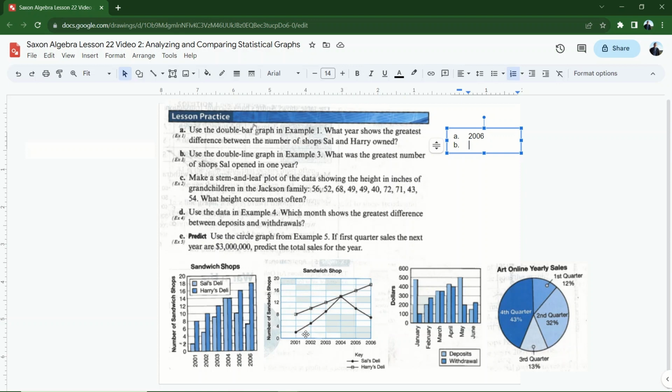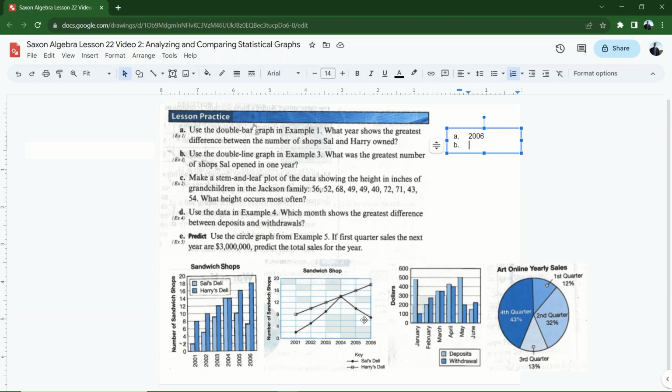Notice the difference between this and the bar graph. They're very similar to each other. The peaks of these lines are exactly the same as the bars, but this shows that there's a trend over time of increasing. It shows the increasing and decreasing trends a little more clearly.